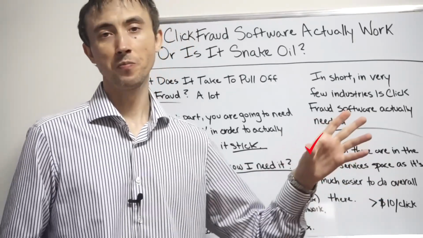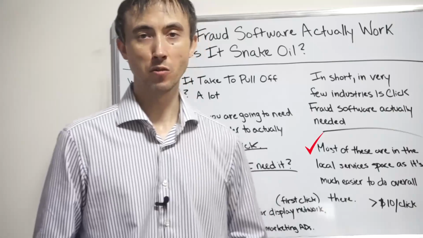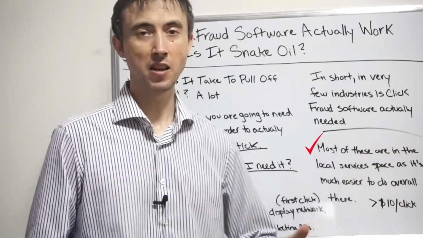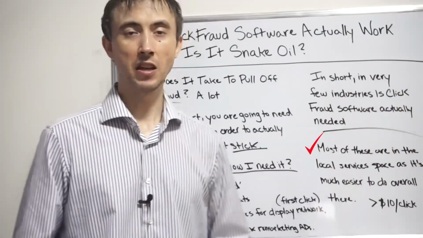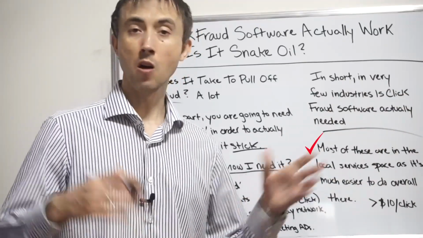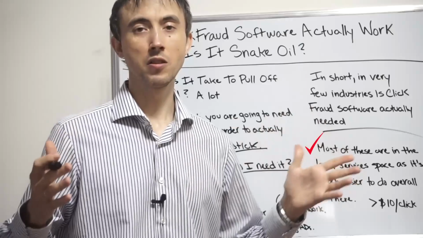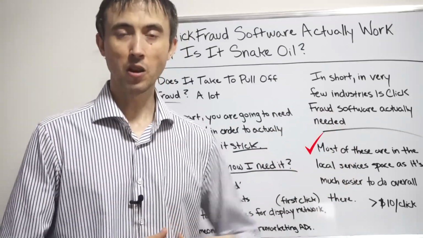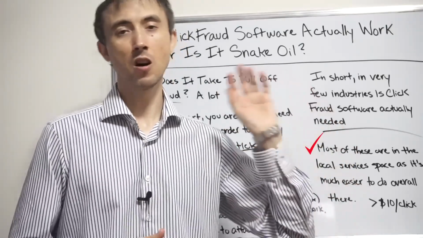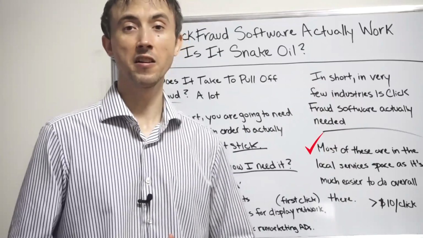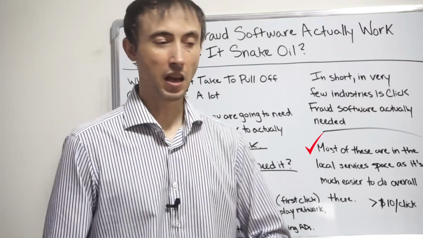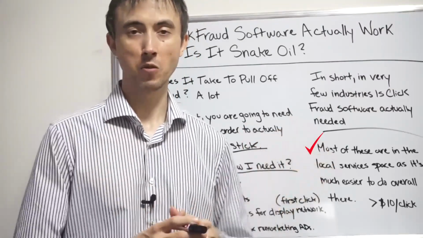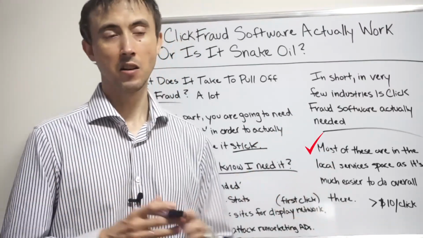If you're in water damage restoration, where your basement gets flooded and you have to call somebody to get rid of the water and refix everything, those calls are worth their weight in gold. Every single call that you get is worth $1,000, $2,000 in profit. And that's another market where click fraud comes up a lot.